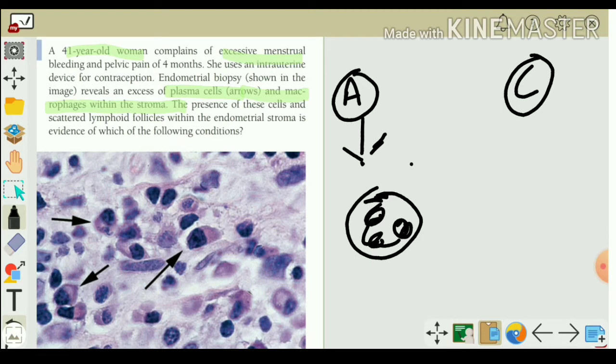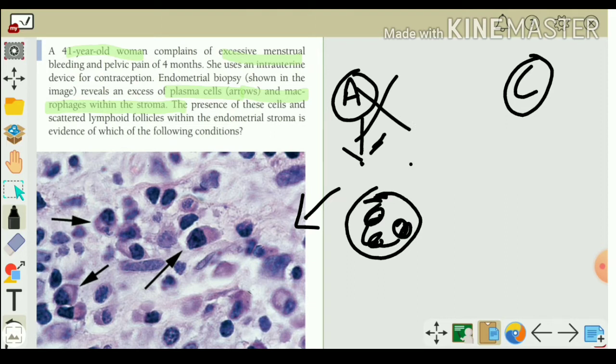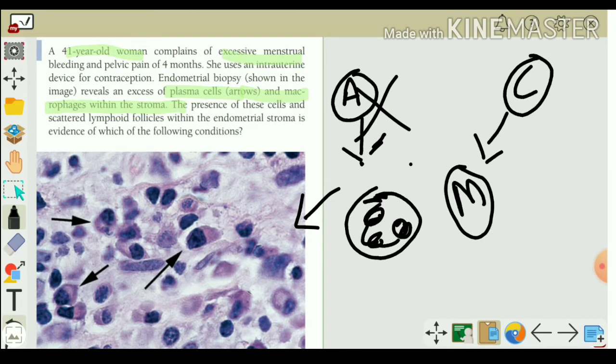So can we see any 3 to 5 lobed cell in this image? No, there is no neutrophil in this picture, so it is not an acute inflammation. In chronic inflammation, we can see macrophages, lymphocytes and plasma cells.